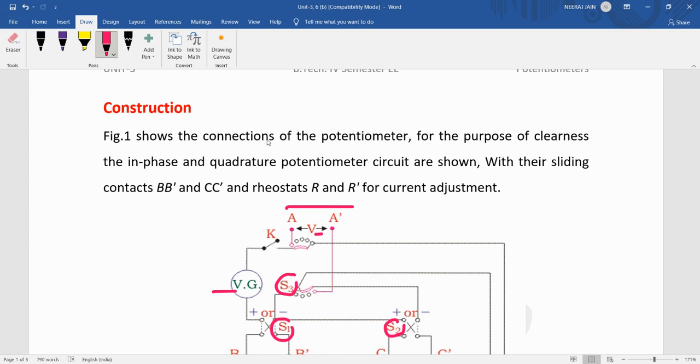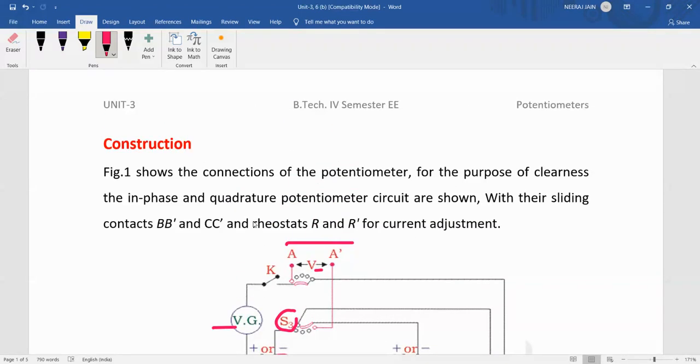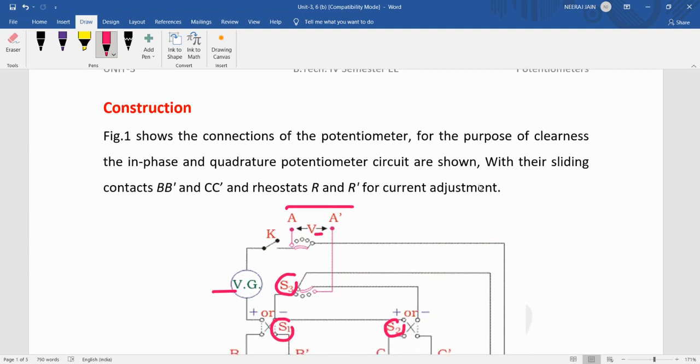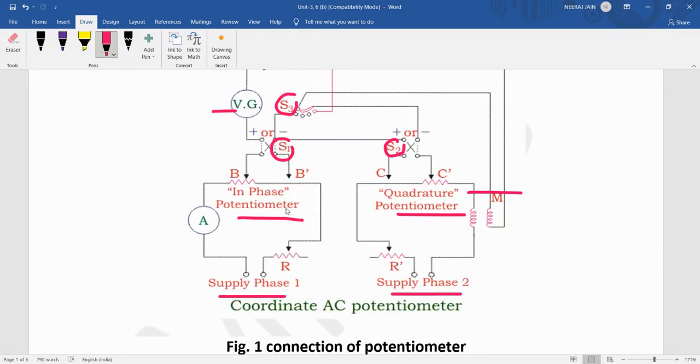We have seen the construction. The circuit is divided, as we have discussed, into two parts, the in-phase potentiometer and the quadrature potentiometer, with their sliding contacts BB' and CC'. The in-phase potentiometer has the sliding contact BB' and the quadrature potentiometer has the sliding contact CC', as shown here.